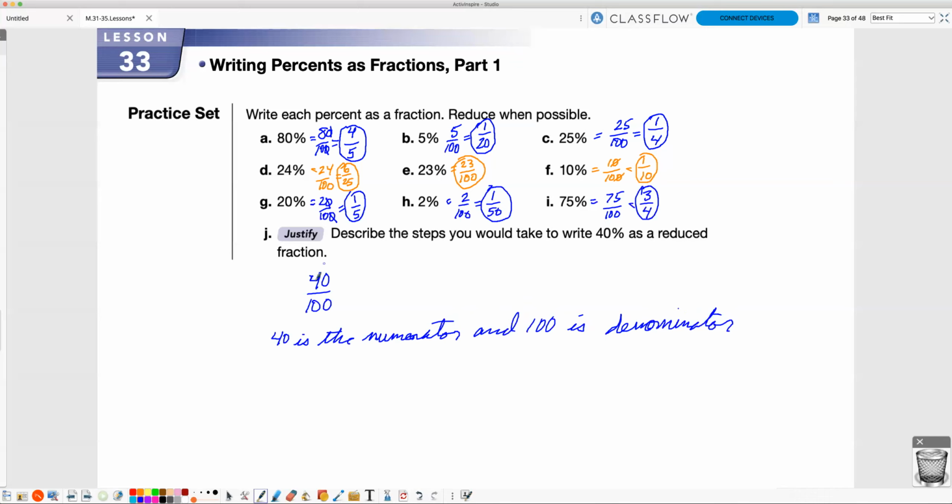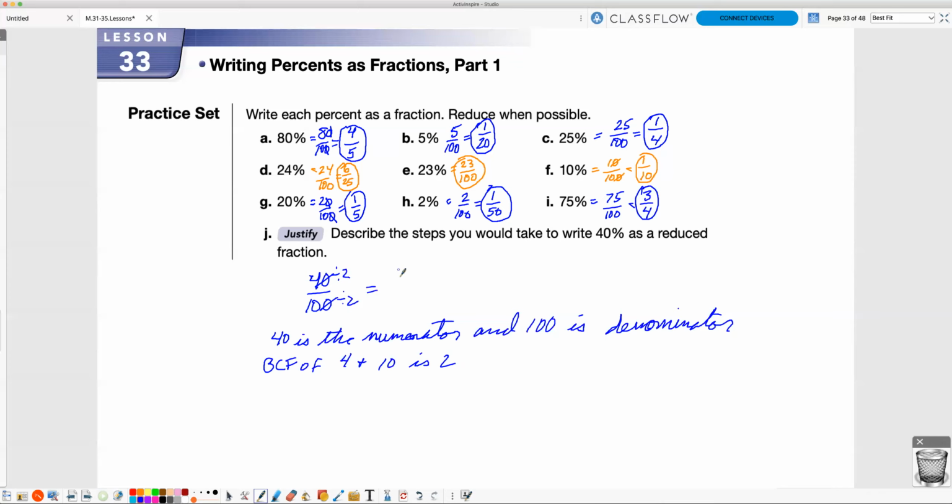And then once you do that, you'd have to reduce. I could take each one of those, I could cancel a 0 out, so then I'd just have 4/10. And then the GCF of 4 and 10 looks like it'd be 2. So both those would be divisible by 2.